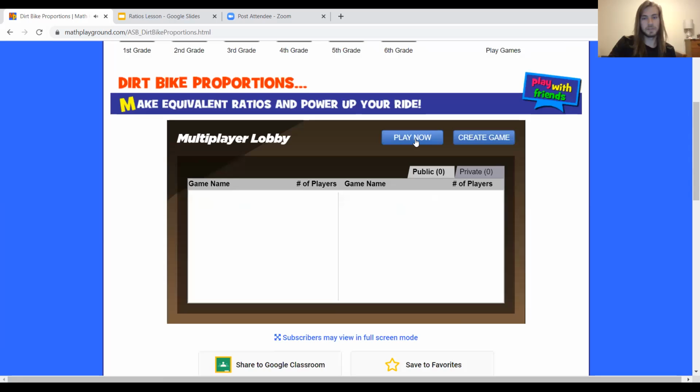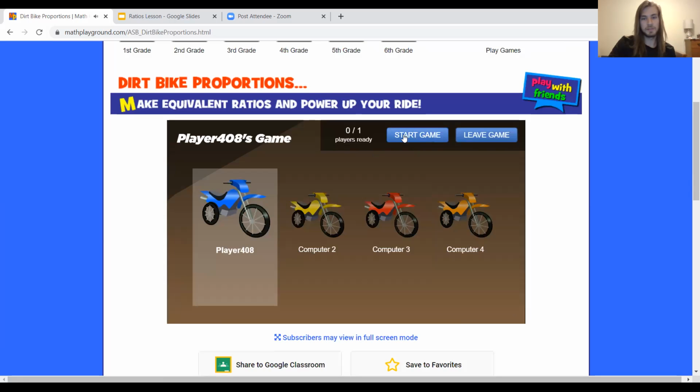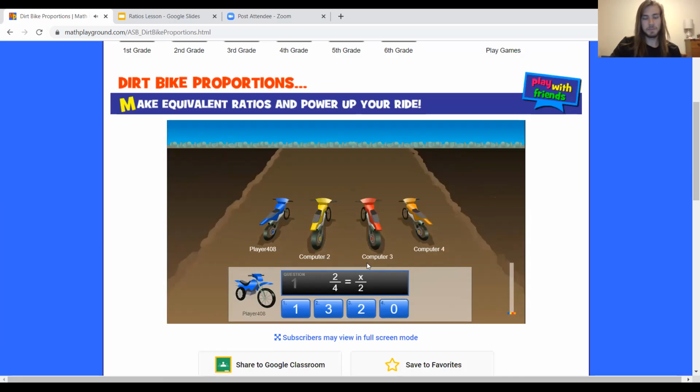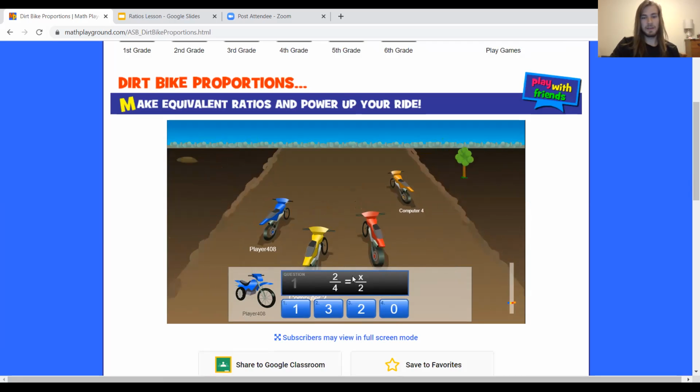We're going to start a game just by ourselves. It's the same kind of format as the drag racing game. It's asking us to figure out what is equal to 2/4. 2/4 would be the same as 1/2 if you divide both the numerator and denominator by 2.